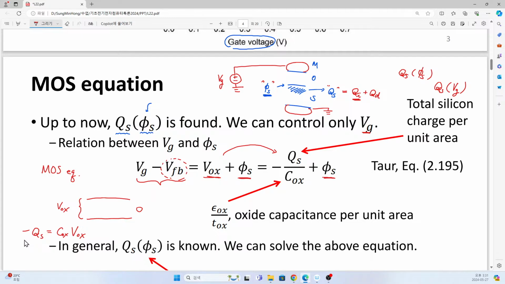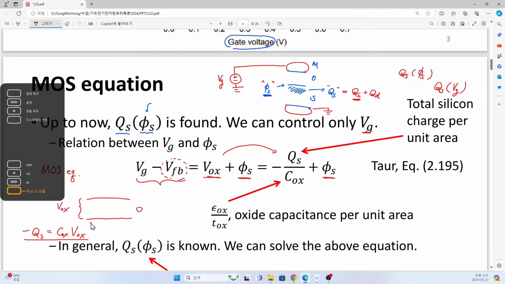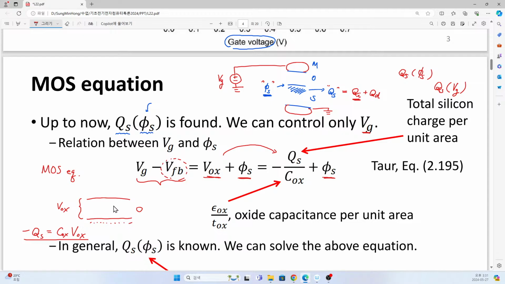Why do we have this relation? Because the oxide is just a simple dielectric material, and here we have a relatively negative charge and a relatively positive charge, so the minus sign comes from that, and the voltage difference times C gives us our charge. So we can easily identify this relation.